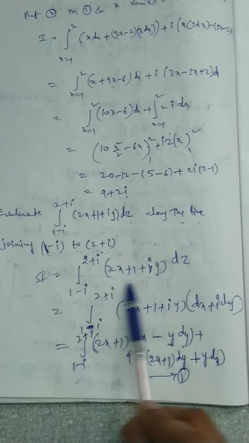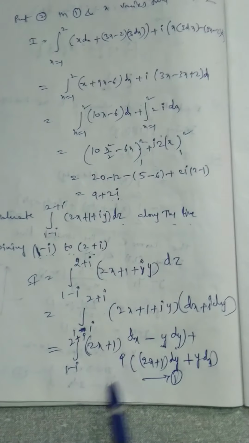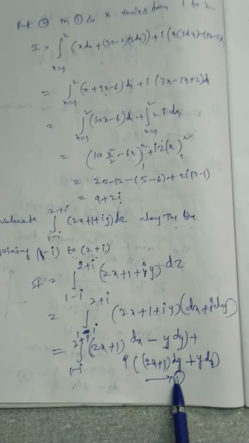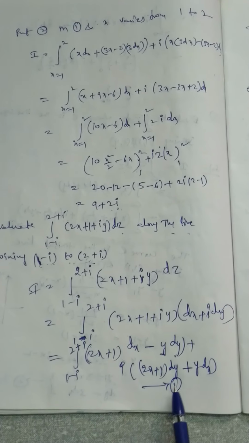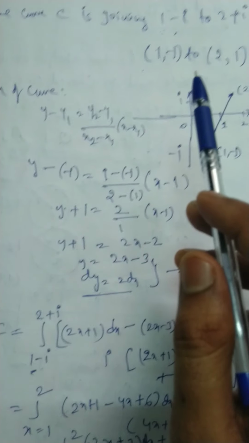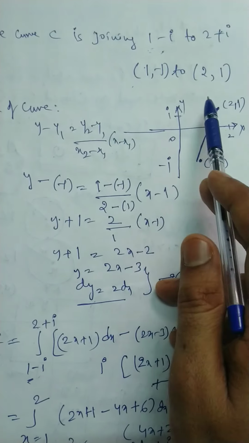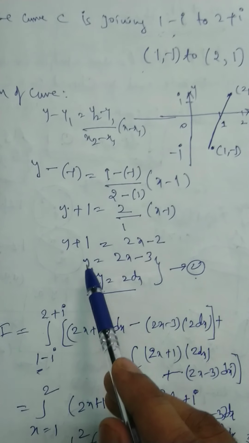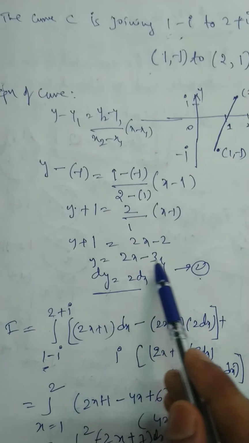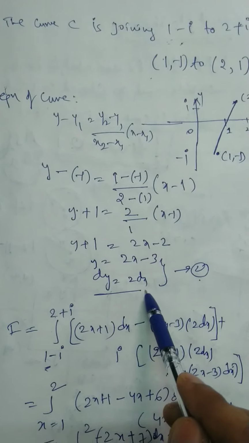These are the basic steps that we followed in the previous problems also. First we simplify, and now coming to the equation of the curve, 1 minus i to 2 plus i becomes 1 comma minus 1 to 2 comma 1. Finding the equation of the line, it comes out to be y equal to 2x minus 3, and dy equals 2 dx.